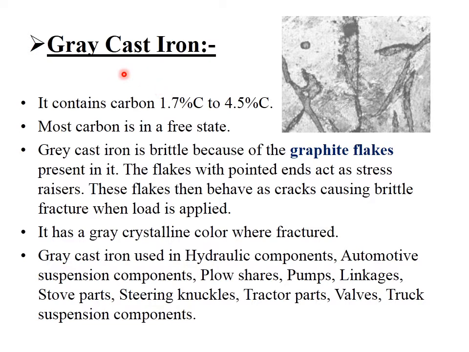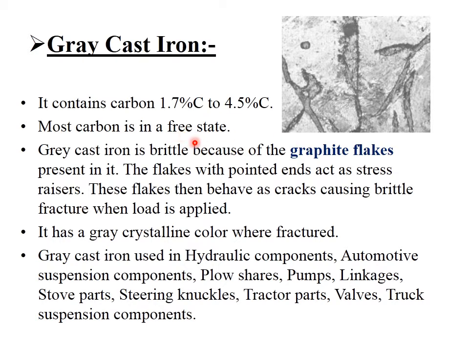Now, going into more detail, it contains carbon in a range of 1.7 to 4.5%. That is quite high, and most of the carbon is in a free state. What is the meaning of free state?